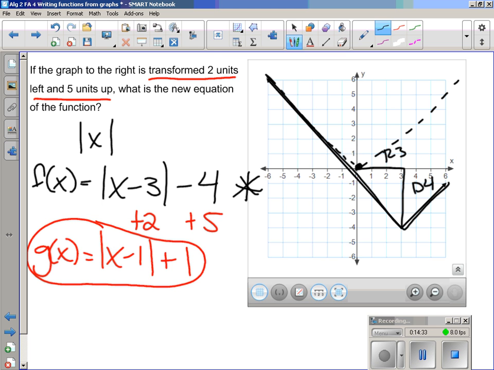Then take the directions of where they want you to transform it. And remember, when you do horizontals, it's the opposite. So if it's left, it's plus, if it's right, minus. And then verticals tell the truth. Add it in the correct spots, and you've got your final function.